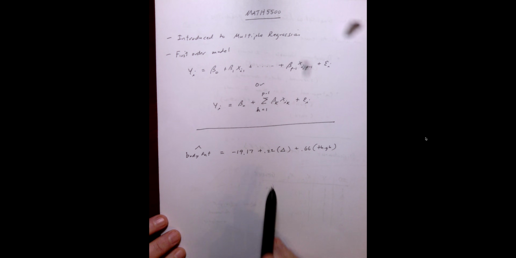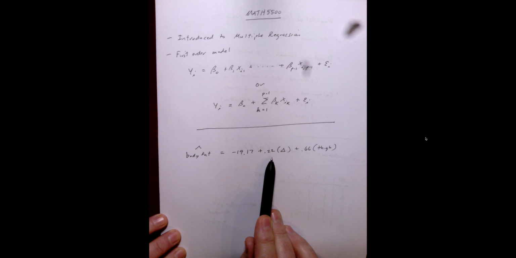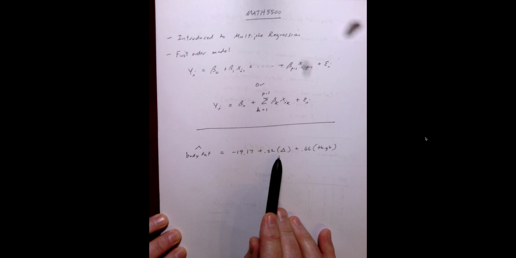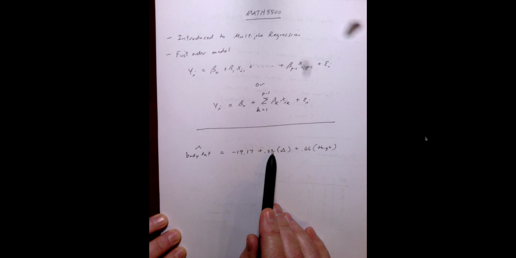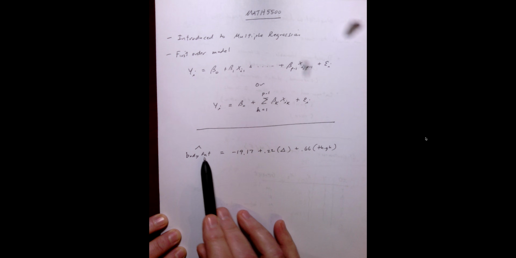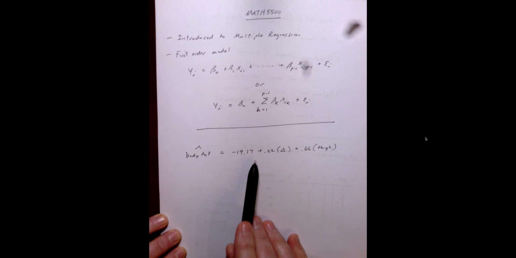So, for example, if I was going to interpret the coefficient here for triceps, I would say holding thigh constant, holding all the other variables in the model constant, as we increase tricep 1 unit, the predicted body fat increases 0.22. Obviously, if this was negative, it would be as we increase tricep 1 unit, again, controlling for all this stuff, the predicted body fat would decrease 0.22. But it's not, it's plus.